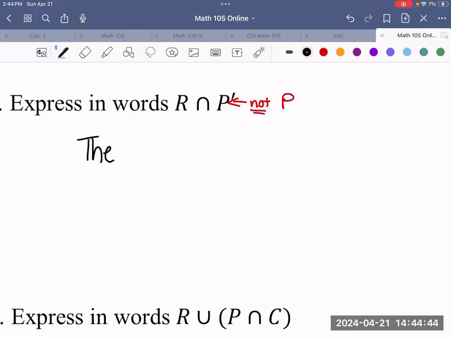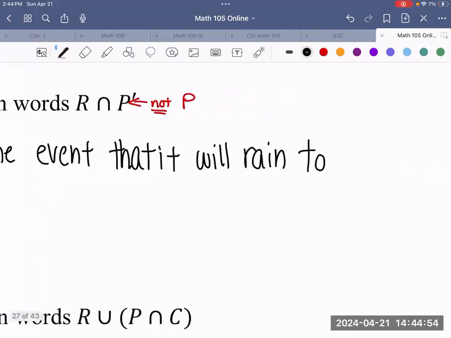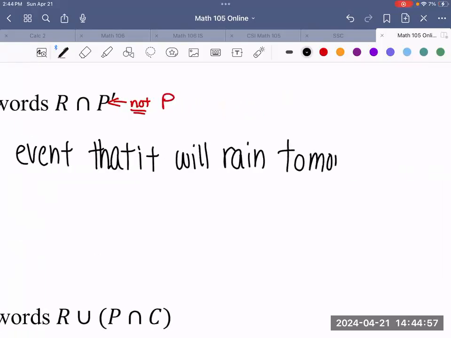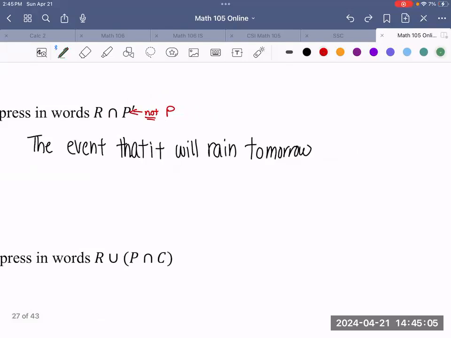So this is the event that it will rain tomorrow, or you could say rain tomorrow, but not be pleasant.